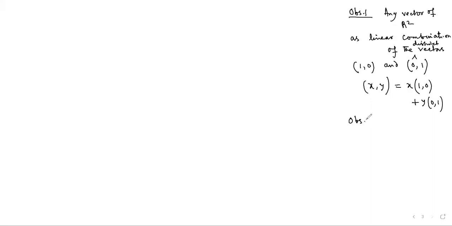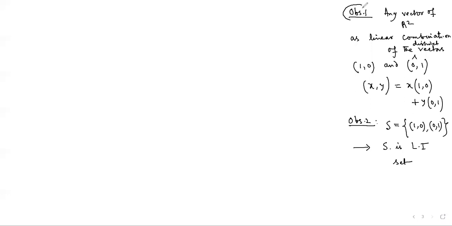Observation 2 that we have made is that the set in which these vectors 1 0 and 0 1 reside is a linearly independent set, because the vectors present inside the set are linearly independent.